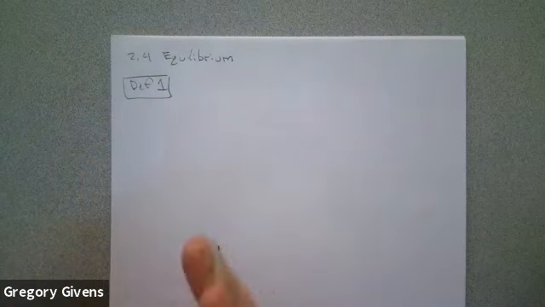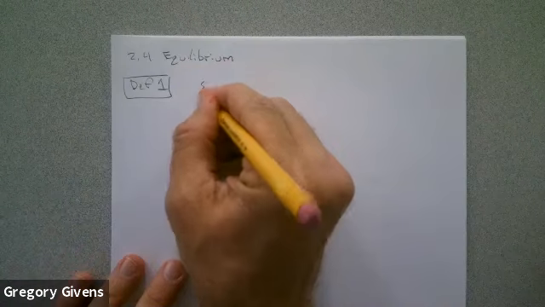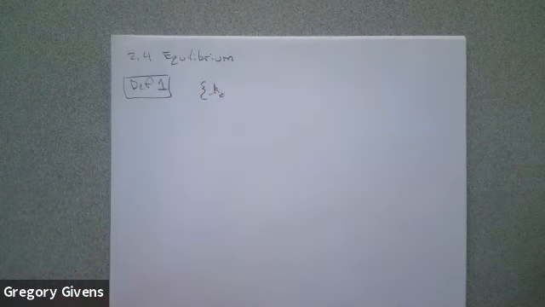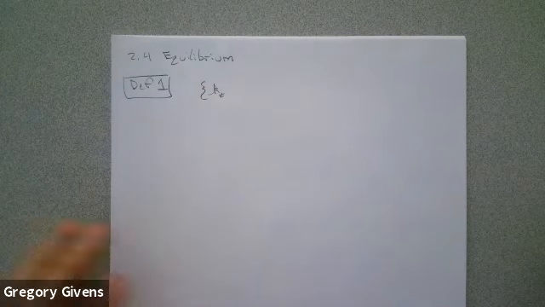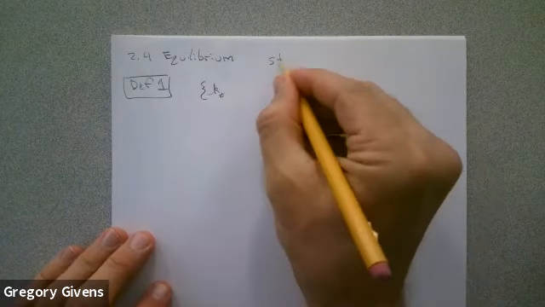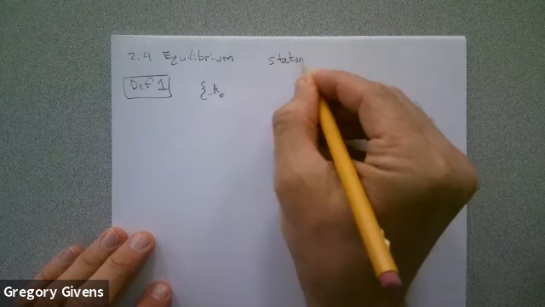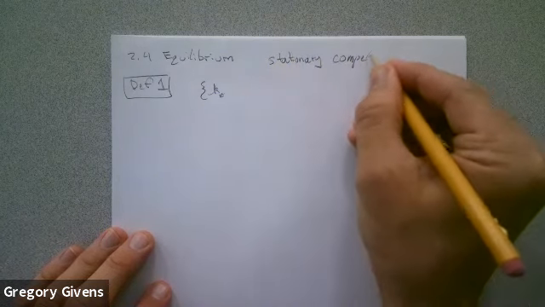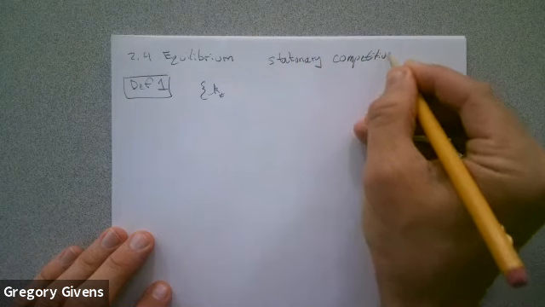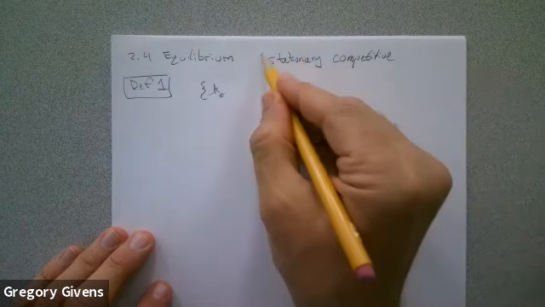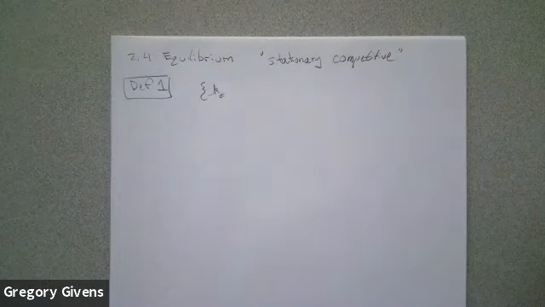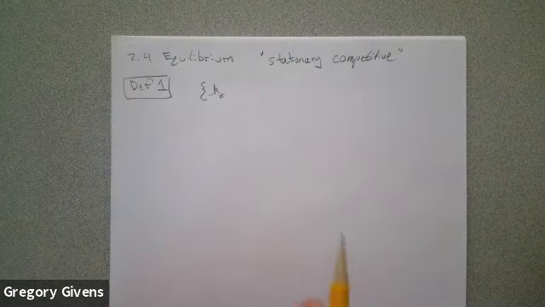A competitive equilibrium is a sequence of, and I'm going to define this in terms of a stationary competitive equilibrium. So the variables that I'm characterizing in my equilibrium here are the ones that are stationary, not the aggregate variables, but the per worker variables.